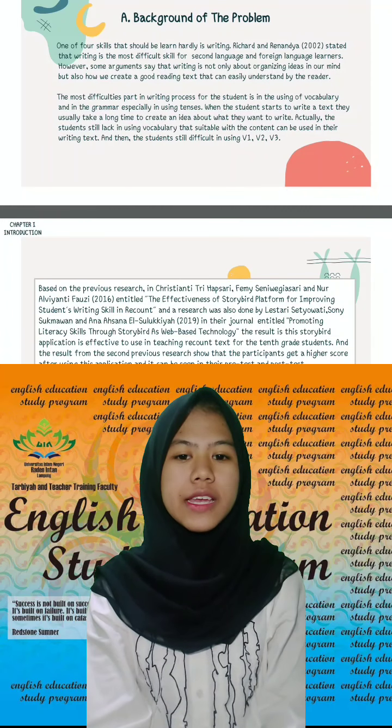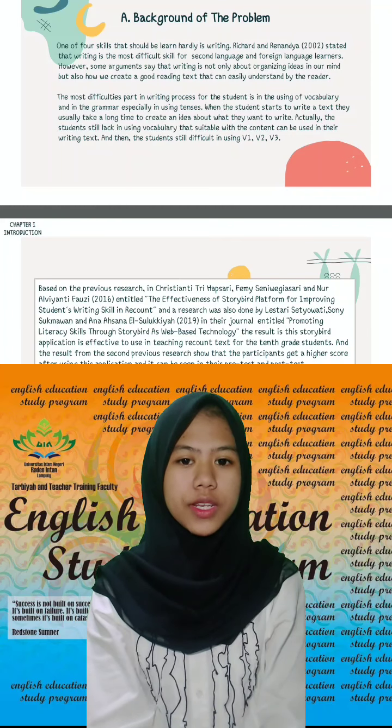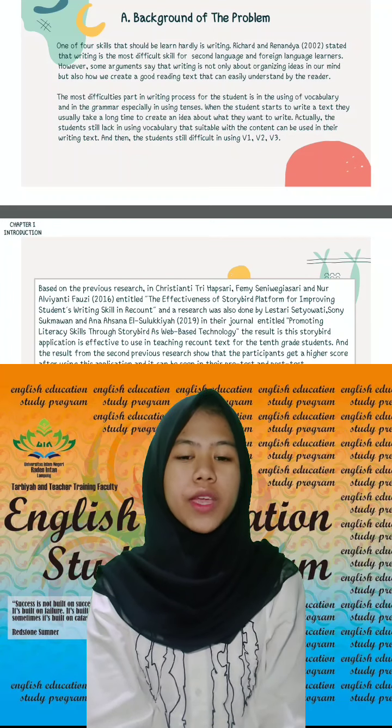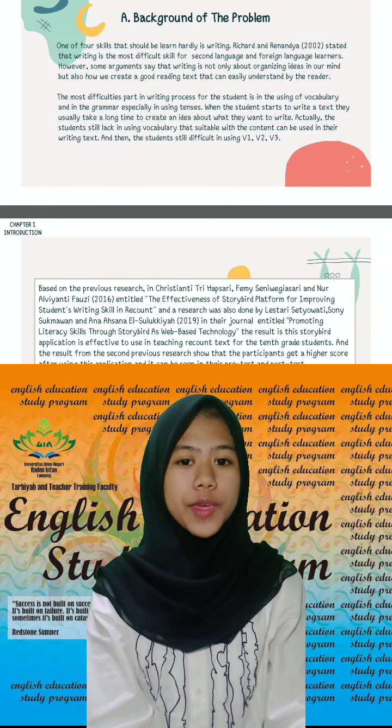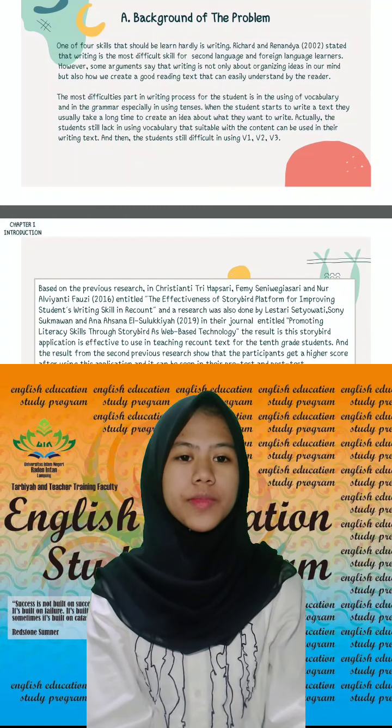Those two skills are also known as speaking and writing skills. Besides those two skills in communication, in English there are 4 skills that we should learn: listening, speaking, reading, and also writing.